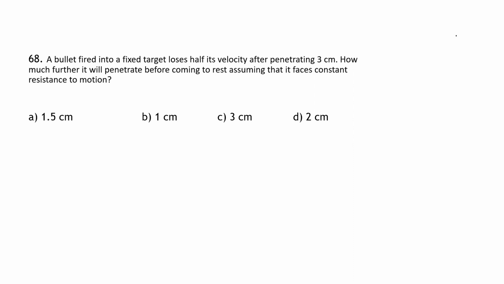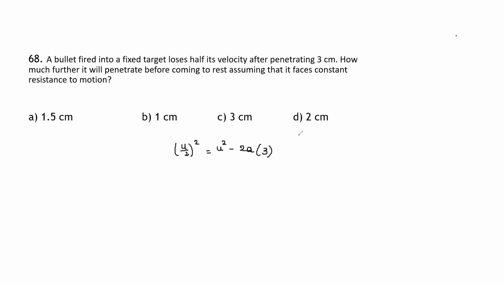So again, we can use the equation of motion formula and we can simplify this. See here. For the first part of penetration, we can write it as u by 2 whole square is equal to u square minus 2a into s. So directly I am substituting the value of s, that is 3 centimeter, which is given.